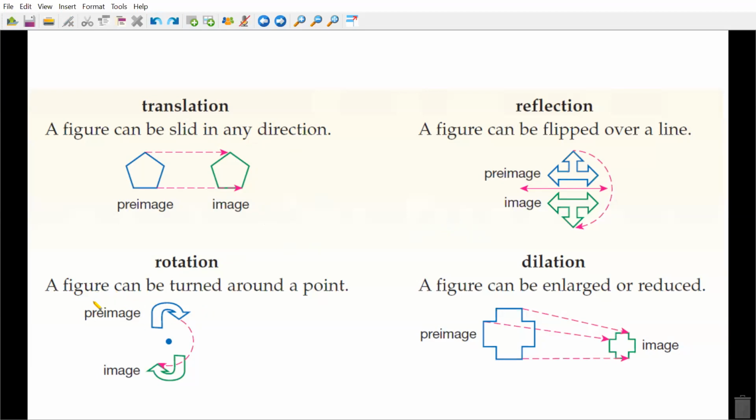A rotation is when a figure can be turned around a point, okay? A dilatation is when a figure can be enlarged or reduced. So dilatation is like when you're working on your computer and you can zoom in or zoom out on your computer or on your cell phone or on your tablet, right?